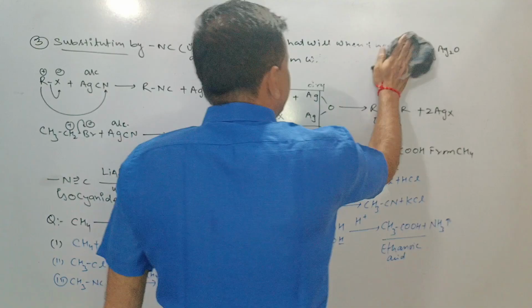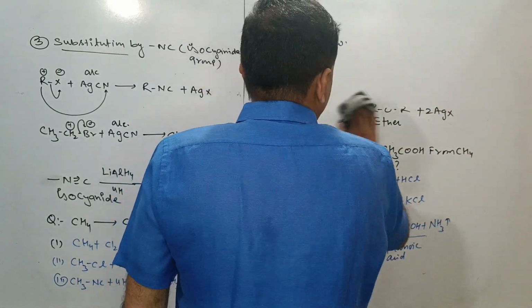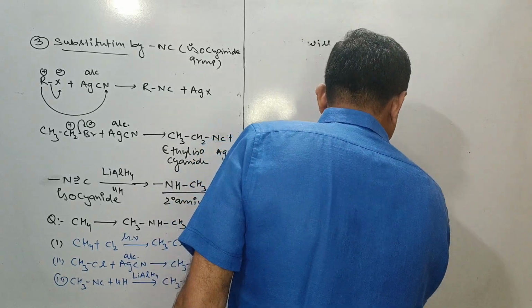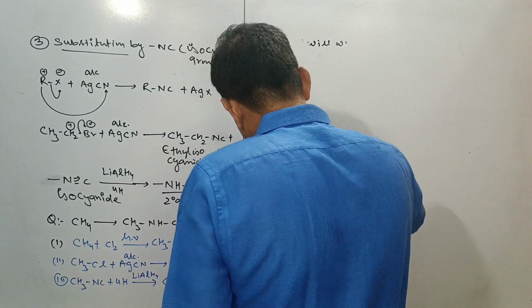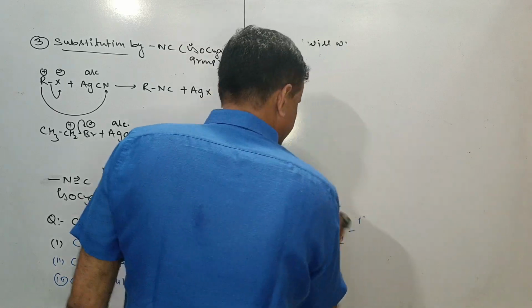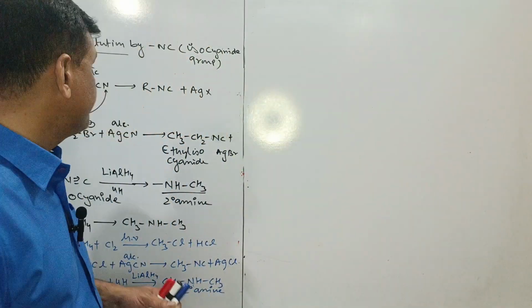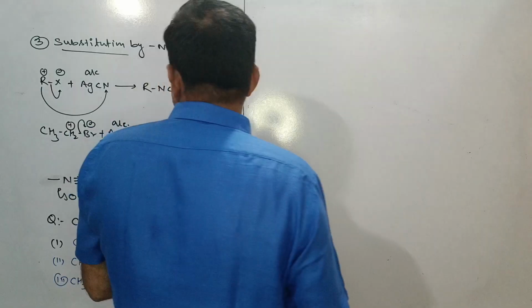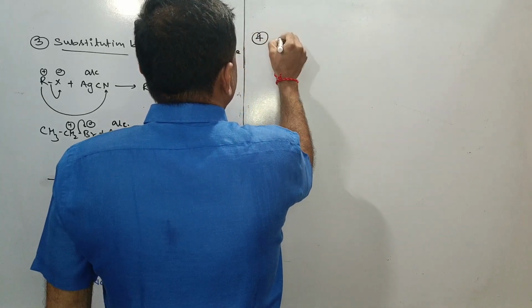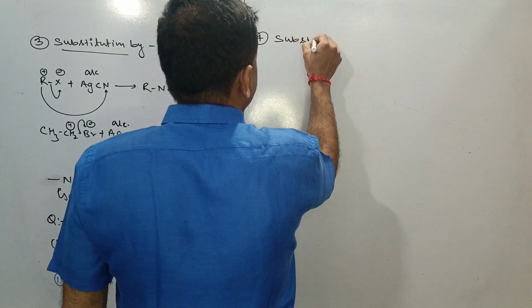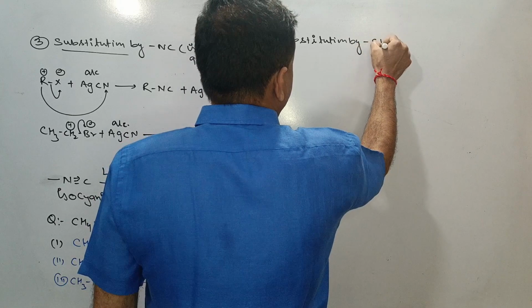Now I would like to go with the fourth reaction as an example of SN reaction, or you can say nucleophilic substitution reaction. And what is that? That is very important. That is the substitution by thioalcohol group, substitution by SH group.